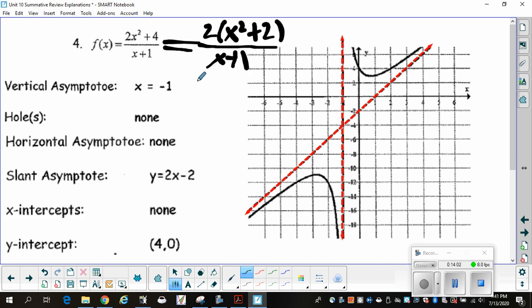Nothing cancels. X cannot equal -1. That didn't cancel out. So I've got my vertical asymptote. Since nothing canceled, there's no holes.